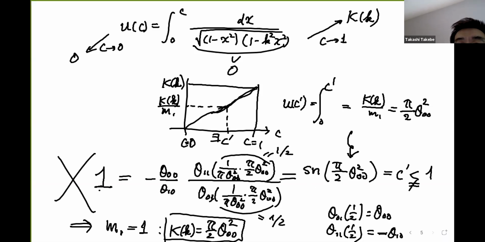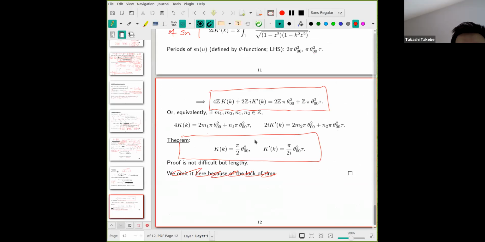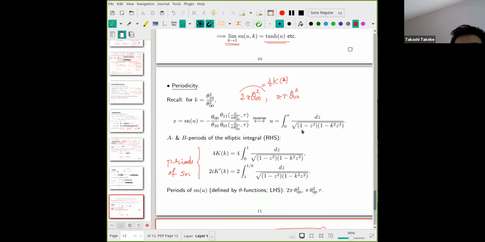Therefore, we have this, from which we have that this period, which we derived from the expression as an elliptic integral, is equal to this period, which we obtained from the expression as a ratio of theta functions.